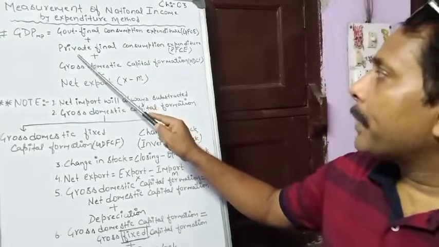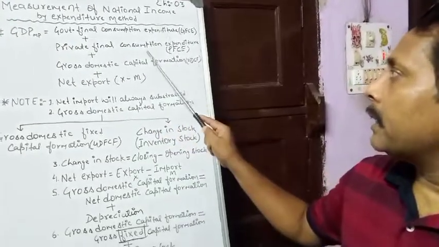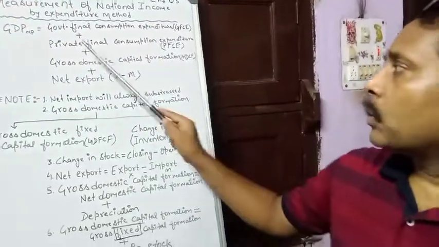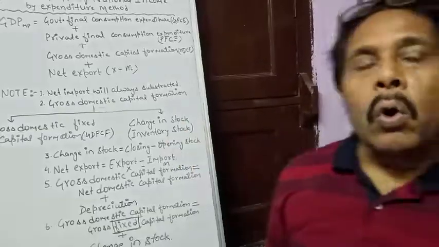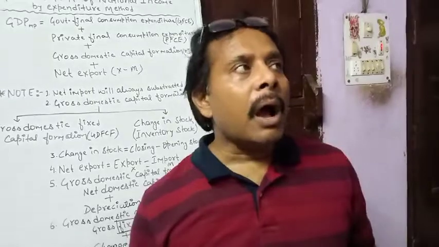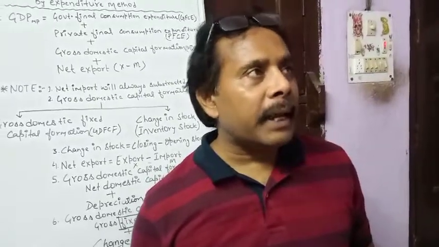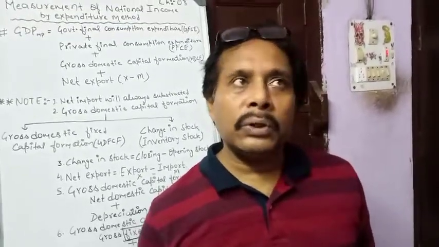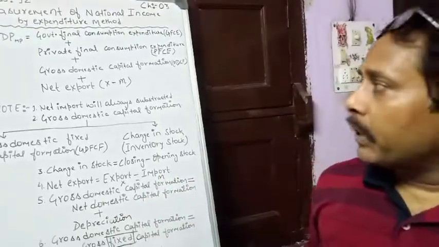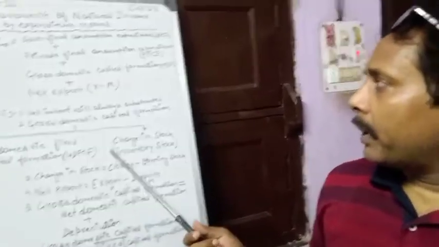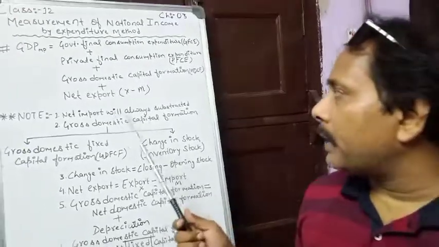Second is the private final consumption expenditure. So private final consumption expenditure means all the households are ready to spend their money on different goods and services. So that goods may be durable, semi-durables and perishables.